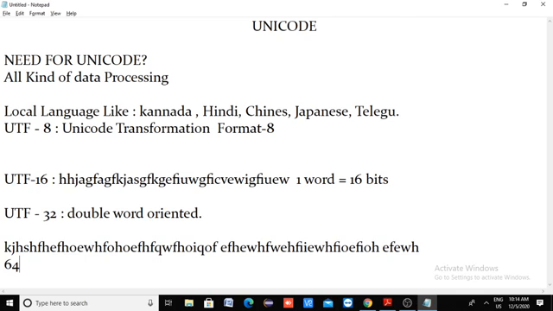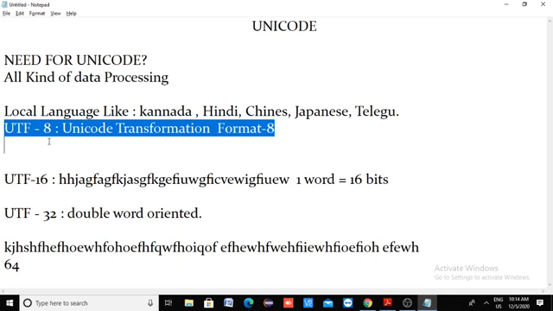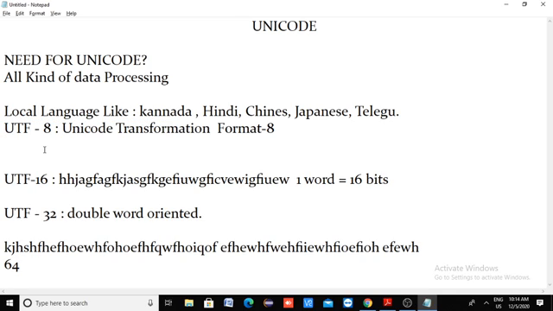You can transfer data up to 64 bits at a time. So these are the three main Unicode transformation formats: UTF-8, UTF-16, UTF-32. The next one is what?